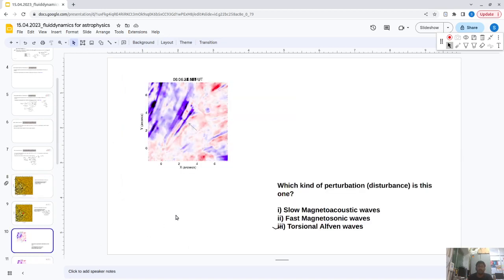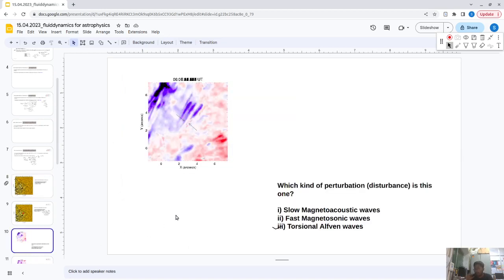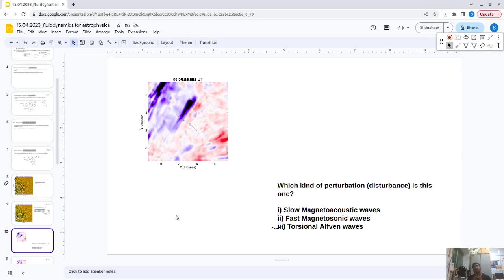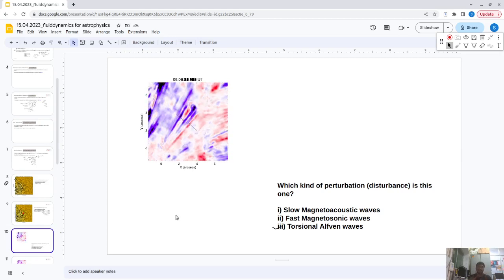And then we have another movie in which we have the Doppler image, this time the velocity image, and you will find the line of sight propagation, which is due to torsional Alfvén waves, analogous to a torsional pendulum experiment, right? So you have blue and red shift repeatedly, that gives you this motion, right?